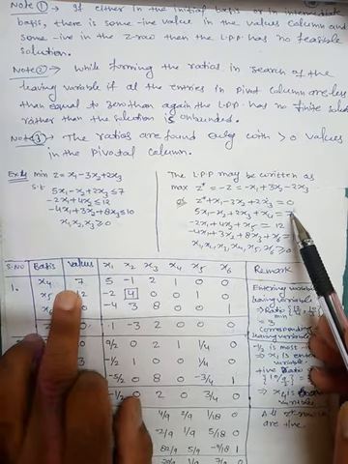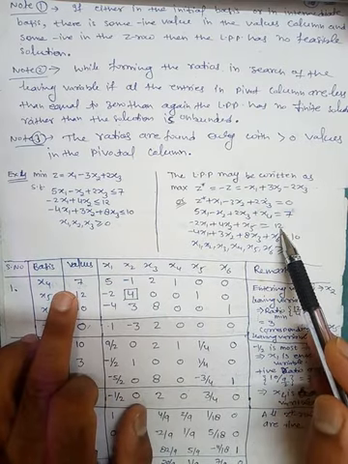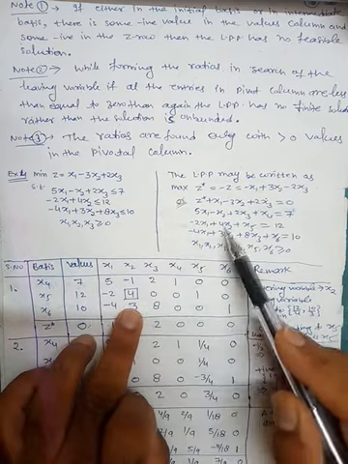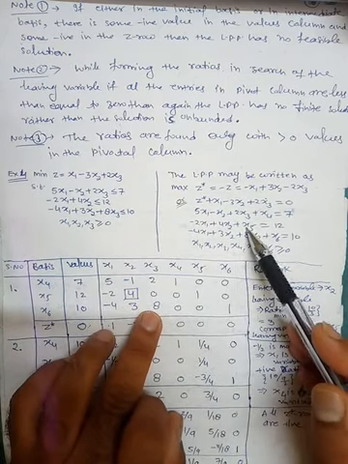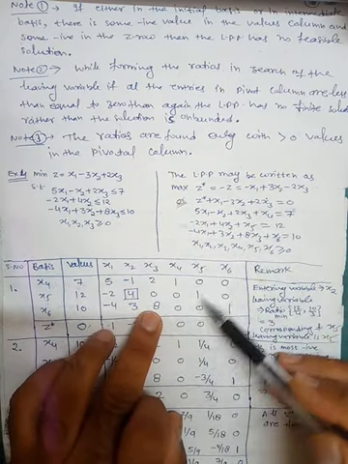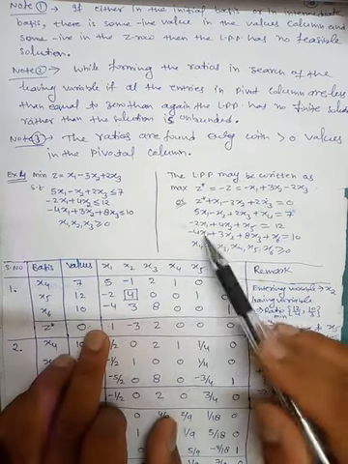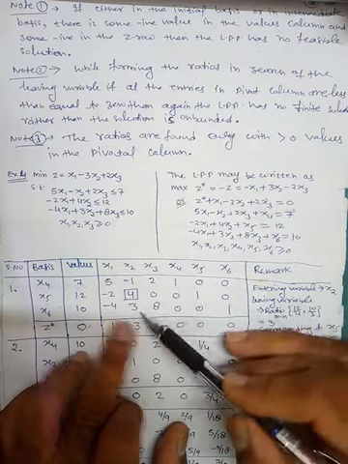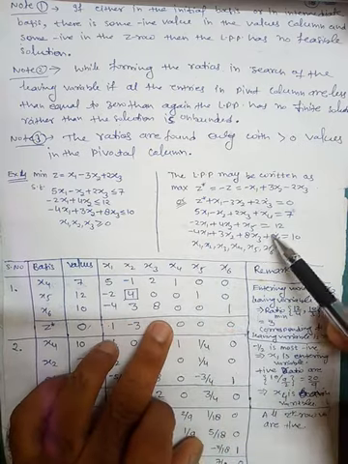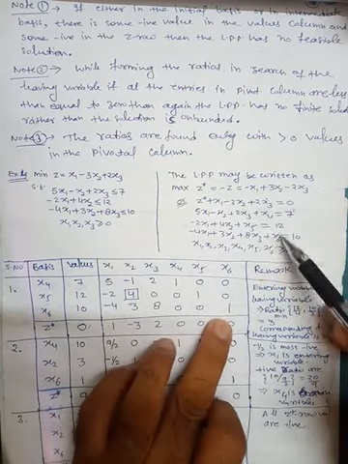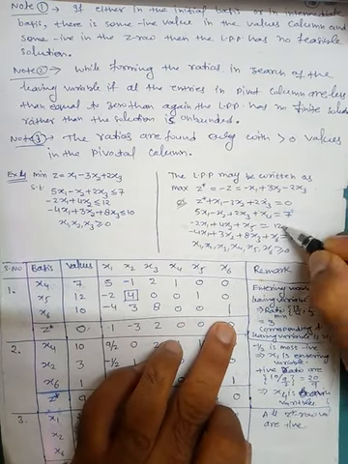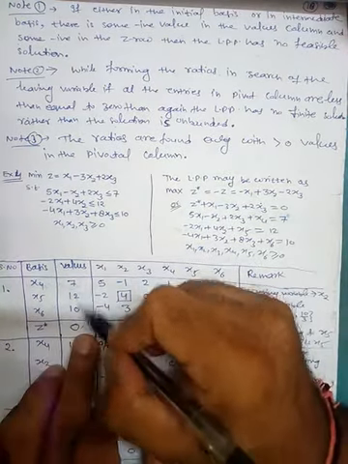Similarly, the second constraint: the coefficient of x1 is -2, then 4, then the coefficient of x5 is 1, the rest are 0, 0, 0. Similarly the third constraint: -4, 3, 8, then x4 is 0, x5 is 0, and the coefficient of x6 is 1. The right hand sides are 7, 12 and 10.